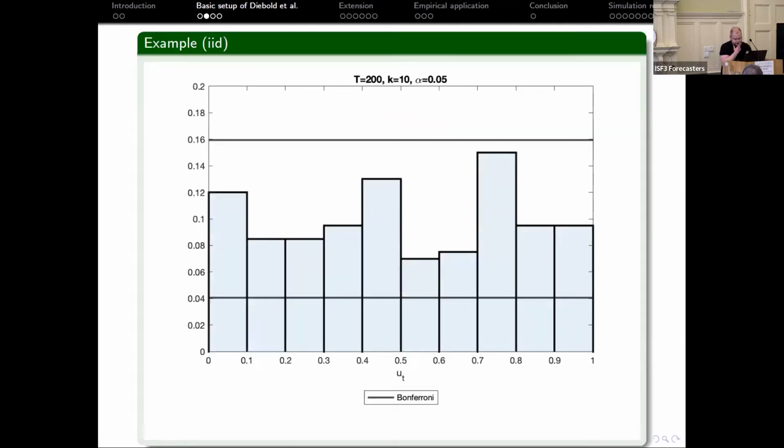Here I have one example of how this looks. The null here is true, so just draw from the standard uniform distribution, and you can see here the Bonferroni bands, so joint bands. The question is, we all know that Bonferroni is quite conservative, or might be quite conservative, whether we can do better in this basic setup.